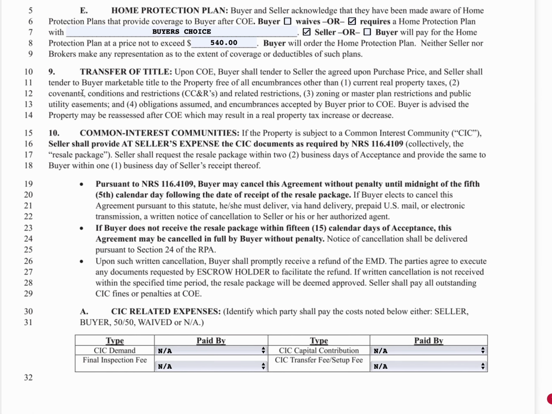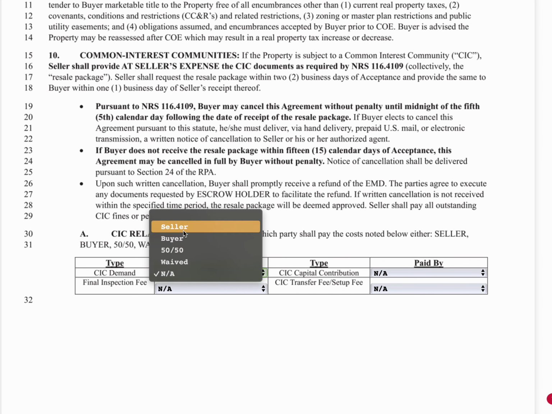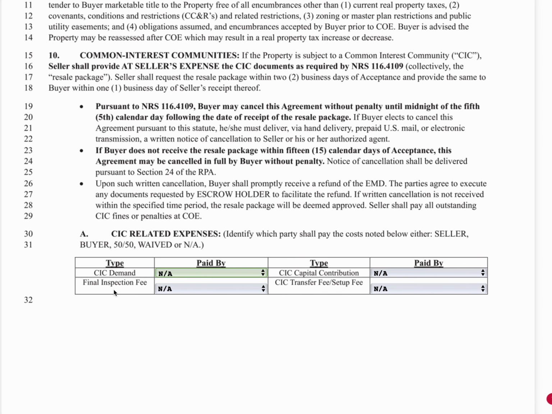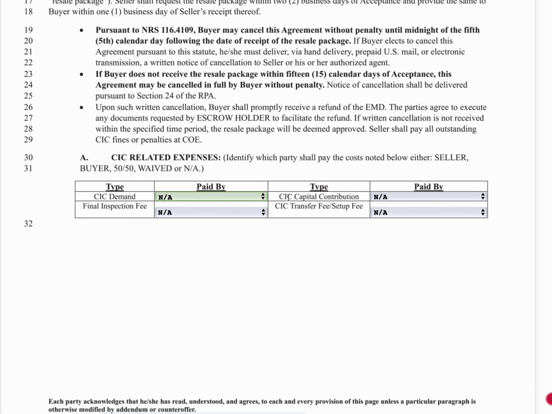All right, so if your property is in an HOA, we are asking the seller to pay for these HOA setup fees, contributions, CIC demands, whichever follows. We would put the seller would be responsible to pay for that.